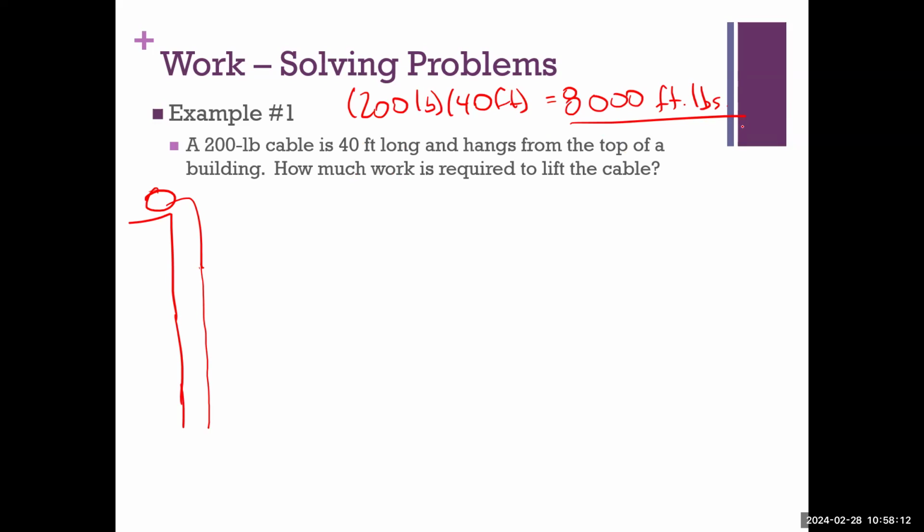Should be less work, right? So I know my displacement is going to be 40 feet. My force is not going to be 200 pounds. It's going to be something that varies. But now we've got to figure out a way: can we describe how that force changes with displacement?